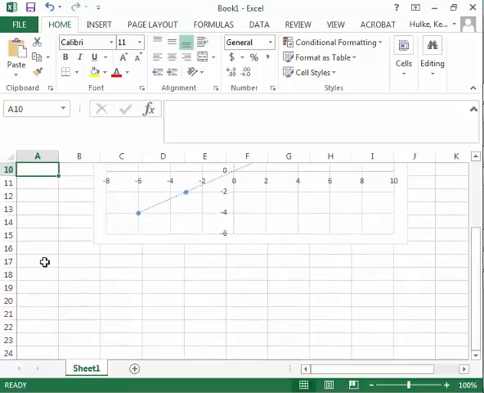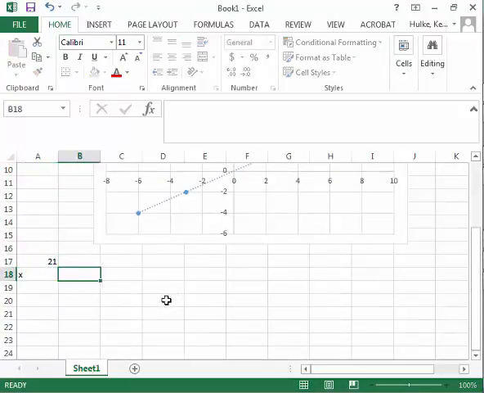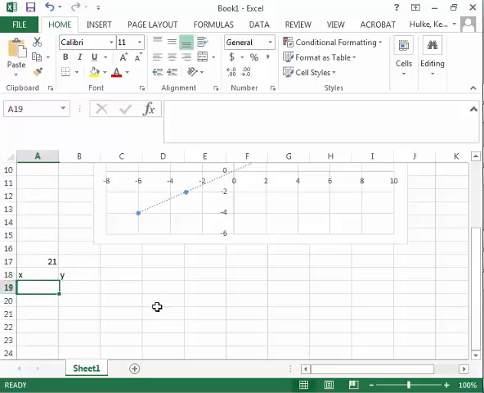Let's do number 21 also. Okay, so number 21. Here's the x and the y. Now the reason why I like this better than the graphing calculator is that you can more easily see your mistakes using Excel than you can with the graphing calculator.